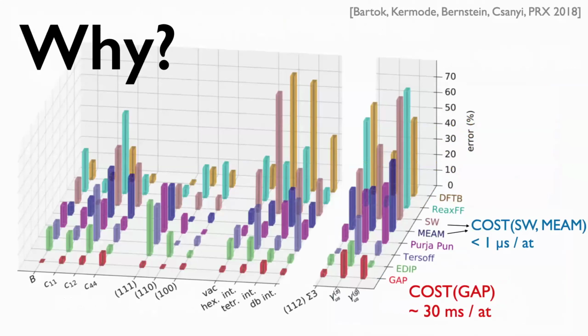Okay, so why do we care about that? This is now an old picture, probably 7-8 years old, that I quite like to show. What you see here is on the x-axis a number of properties of silicon. It doesn't matter so much what they are. On the y-axis, various different potential energy models. Basically what you can see is that each of these potential energy models gets some properties to very good accuracy, and then many properties to even very poor accuracy.